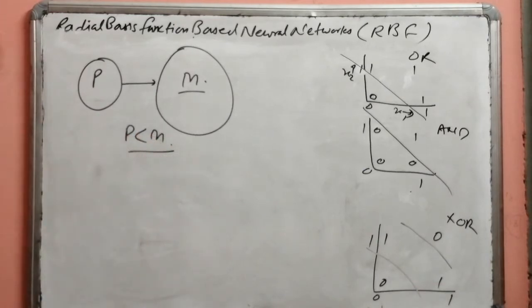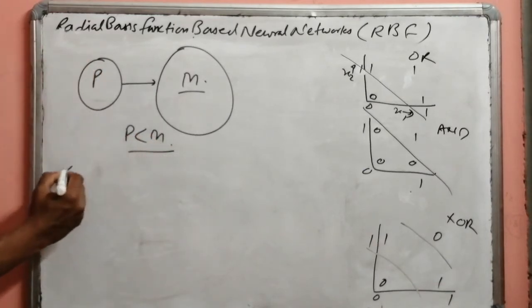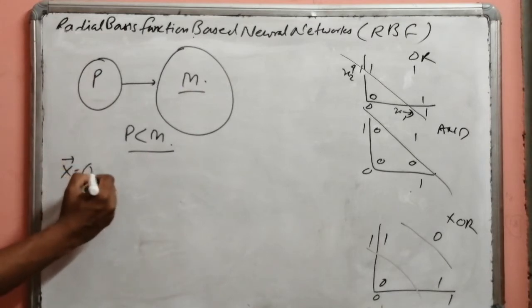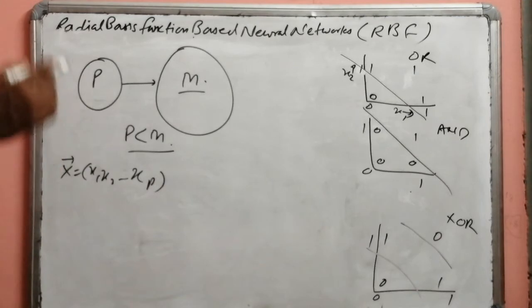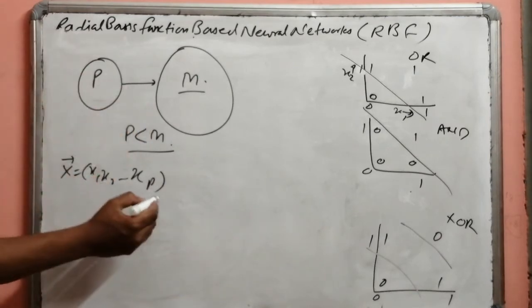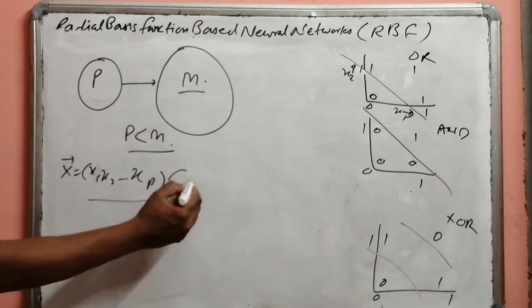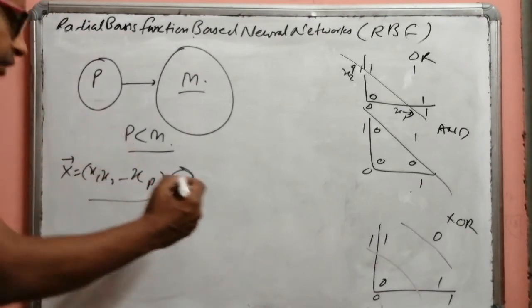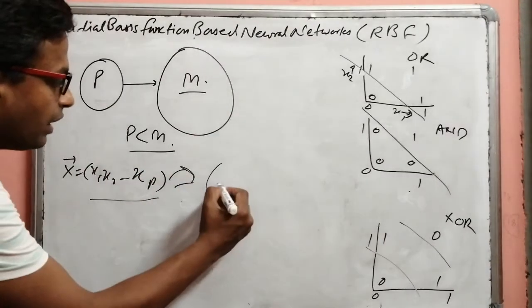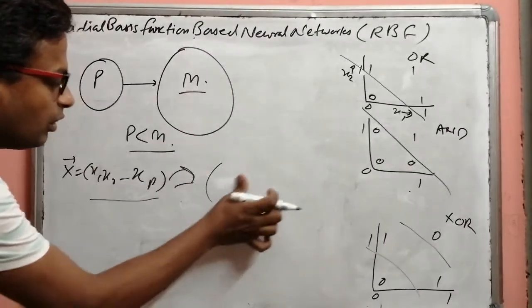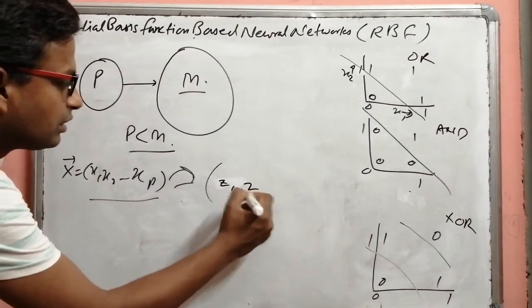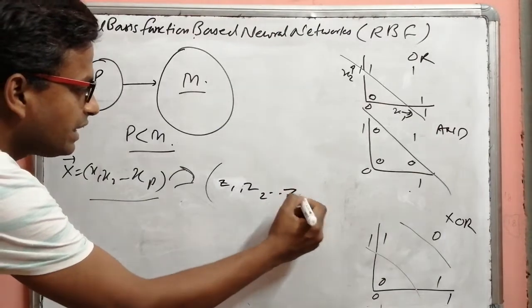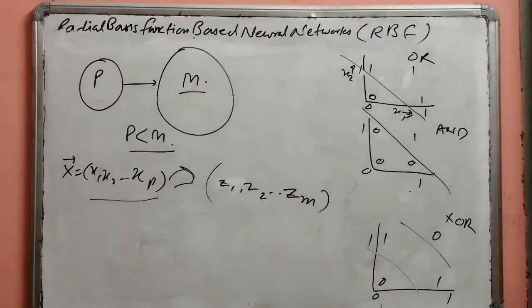Or you can say if there are input samples distributed amongst x1, x2 up to xp number of features, then each of these patterns is to be non-linearly mapped amongst, suppose, z1, z2 up to zm number of features.